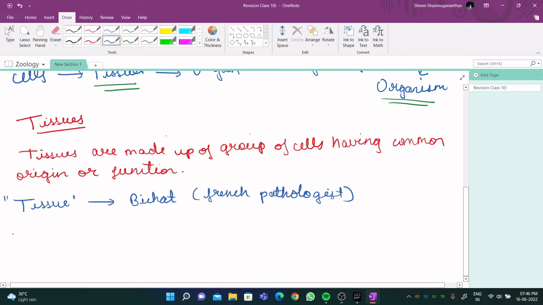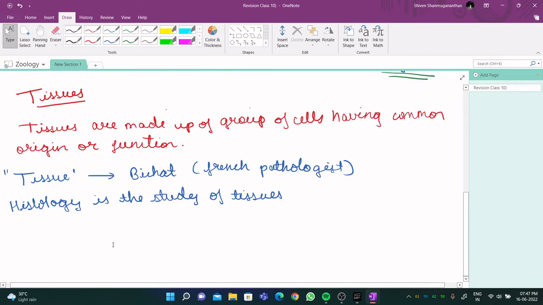Now, histology is the study of tissues. And the term histology, wait, let's put an arrow, is coined by a scientist called Mayer.